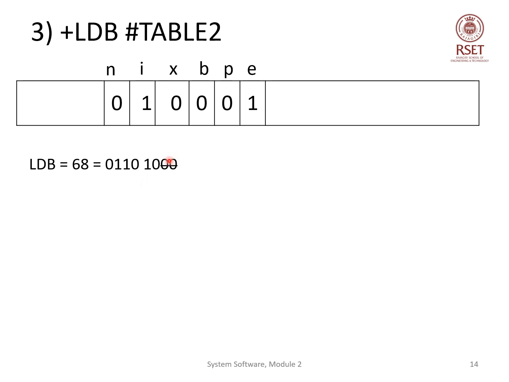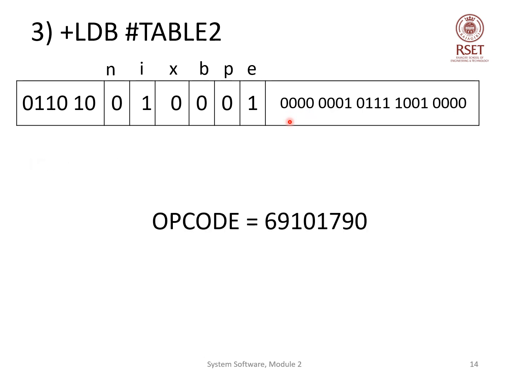We'll ignore the last two, write the rest in the first column. Now in place of the 20 bits, I have to write the address of TABLE2. From the slide where you have found out the location counters, you can see TABLE2 has the address 1790. I've added 4 zeros at the beginning to make it a 20-bit address. That makes the code 69101790. Okay, so 1, 2, 3, 4 bytes.